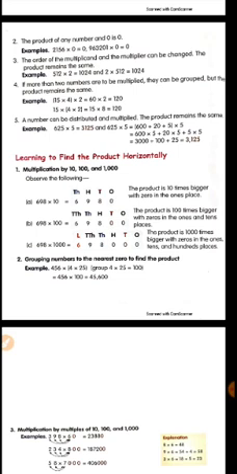Next, learning to find the product horizontally. First, multiplication by 10, 100 and 1000, or basically the numbers with 0. To multiply by the number with zeros, we need to follow some steps.